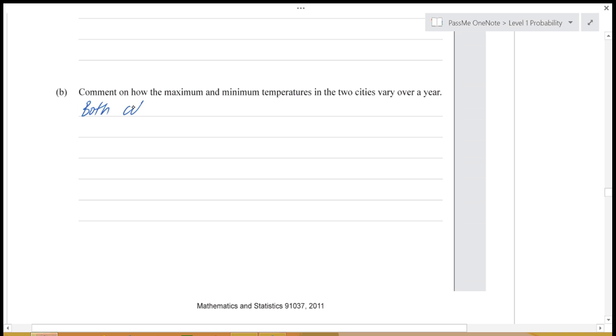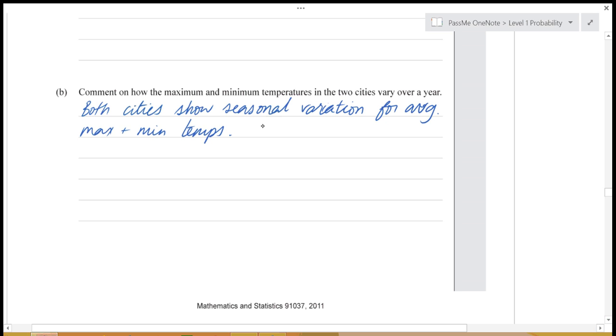Both cities show seasonal variation for average max and min temperatures. In Rome, we won't say max, we'll say peaks, and if we look at our graph carefully, it looks like it's peaking around July to September roughly.